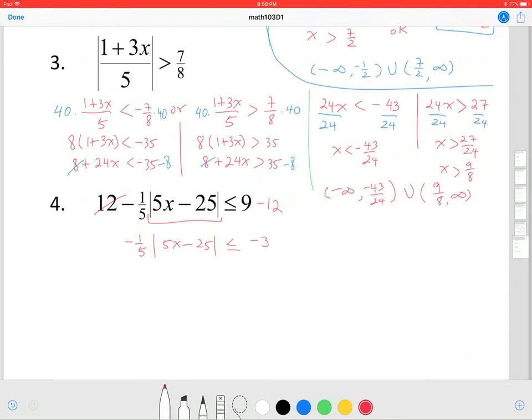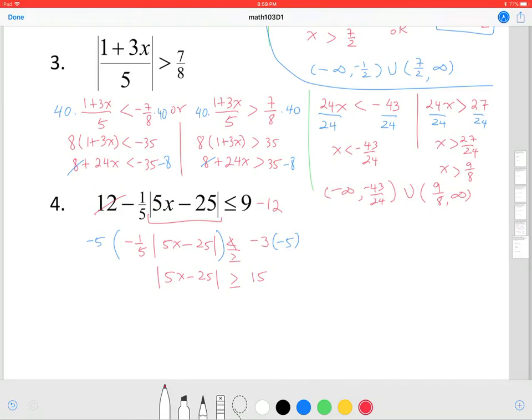Then multiply both sides by negative 5 to get rid of that negative one fifth. We have absolute value of 5x minus 25, and since we multiplied by a negative, the inequality gets switched, greater than or equal to 15.